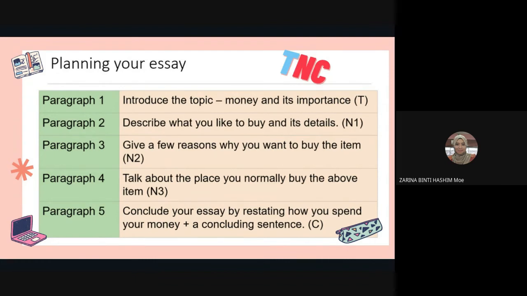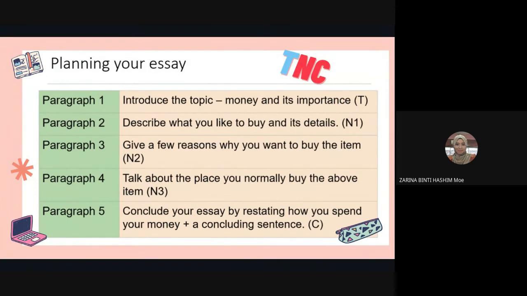So we have N1, 2 and 3. All this while memang soalan dia akan bagi 3 je lah dia punya notes tu setakat ni ya. Later we will see the sample question. Okay, the last paragraph, which is paragraph 5, is where you write your conclusion. Selalu kan last paragraph memang kita buat conclusion kan. So conclude your essay by restating how you spend your money. So macam kamu cerita balik lah apa yang kamu nak buat dengan duit kamu tu. Macam ambil balik paragraph 1 punya point.